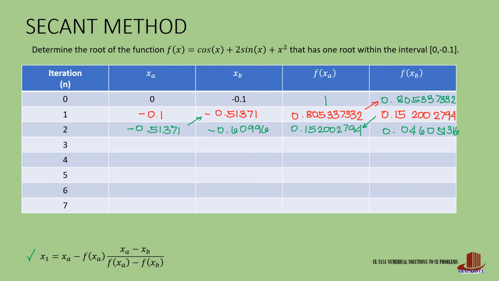Continue our iteration, sliding our values for your x sub b's and also its function. Then compute our new x sub b. For the third iteration, we would have negative 0.6518, and its function would be 0.0066022258.